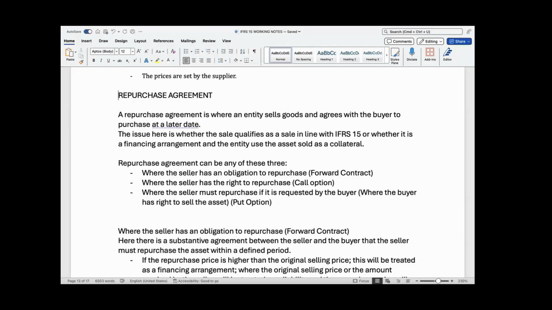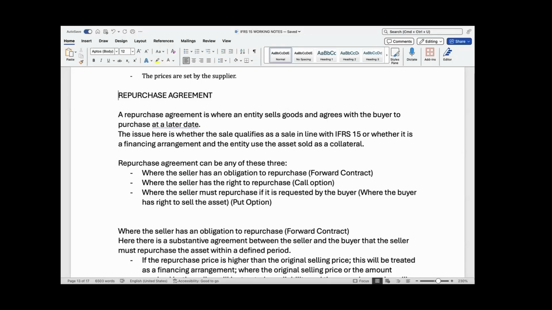So maybe that's what you are trying to hide by calling it a repurchase. So the major issue here again is just whether it is actually a sale or a financing arrangement.